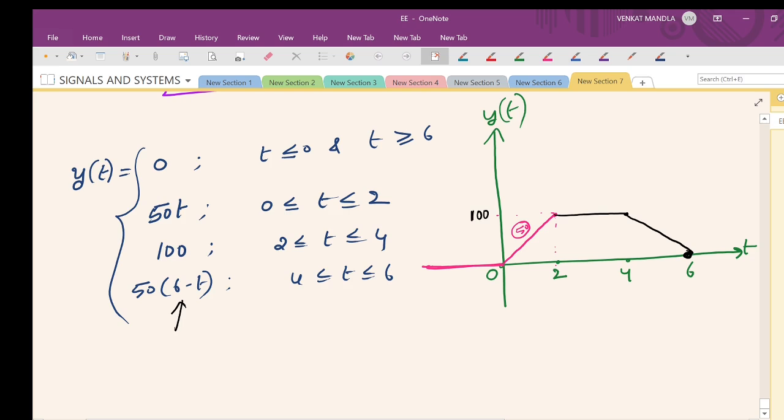The expression is 50 into 6 minus 50 into t, that is 300 minus 50t. What is the slope? y equal to mx plus c, so m is minus 50. Now for t greater than 6, it is 0. This is the output y(t).